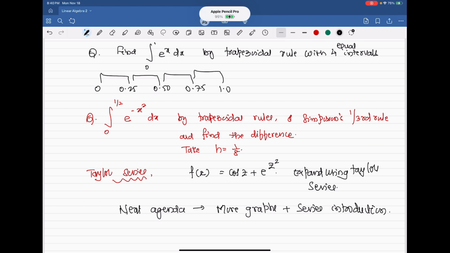There are many series. We'll talk about the series, then convergence, divergence. It takes a lot of time to understand divergence and convergence. We'll talk about graphs more because these graphs will be useful. Next, we'll try to do something different, like finding the tangent graphically. More graphs and series introduction.